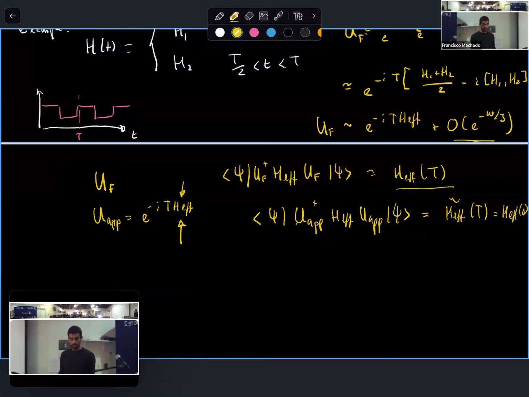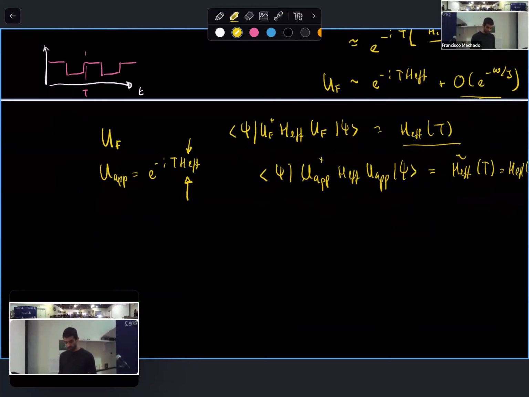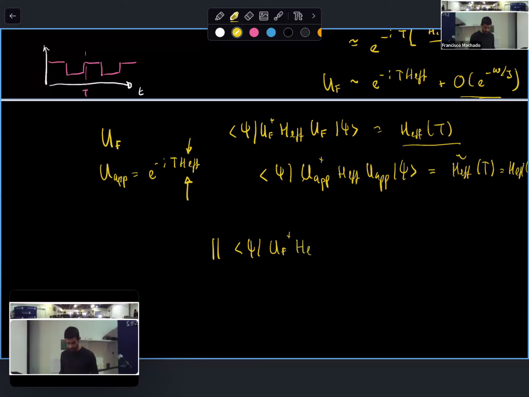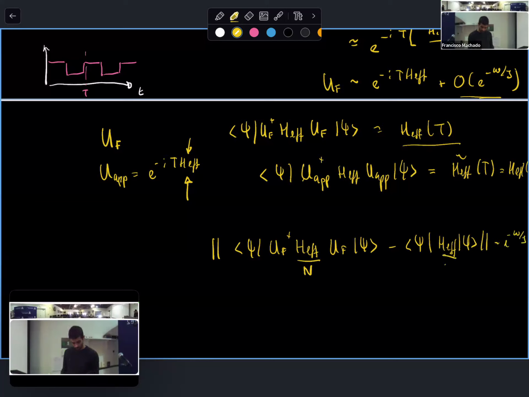And because this error is small, you can show precisely that the amount of energy that gets changed, and it turns out that you should use energy density, I'm going to gloss over that fact for a moment, the amount of change of your effective energy density is exponentially small. There should also be an N over here. Okay.